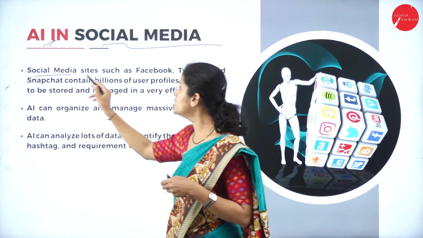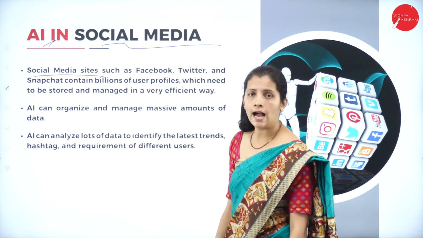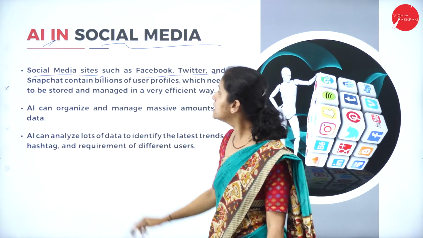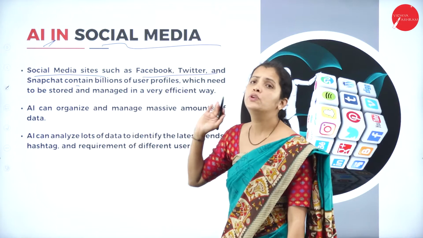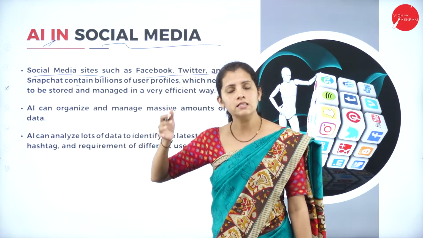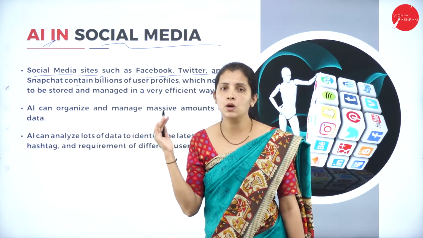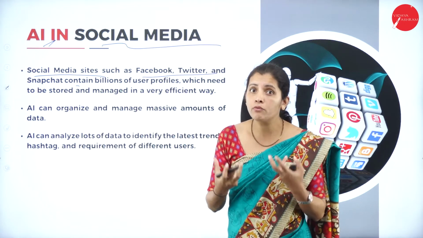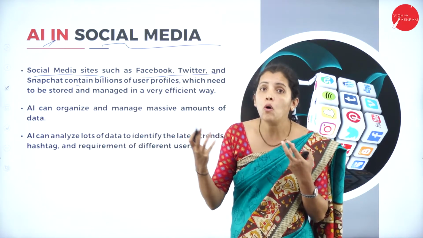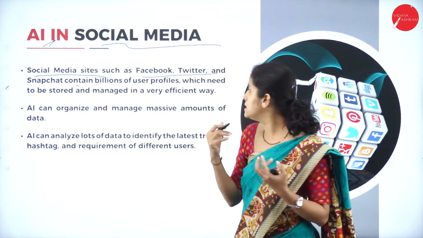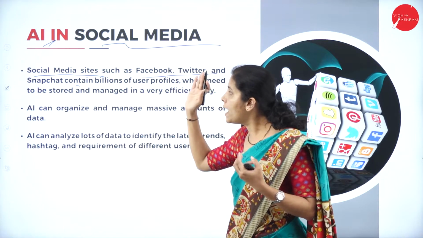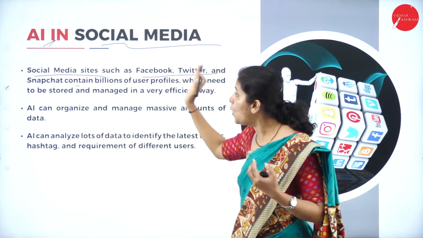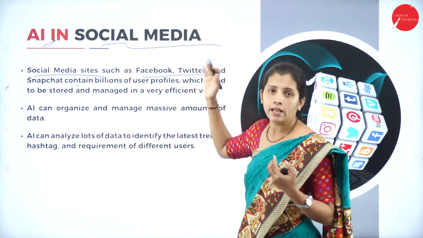Social media sites such as Facebook, Twitter, and Snapchat contain billions of user profiles. When I say profile, it includes all the personal details. Now, I want to manage and store all the user information.